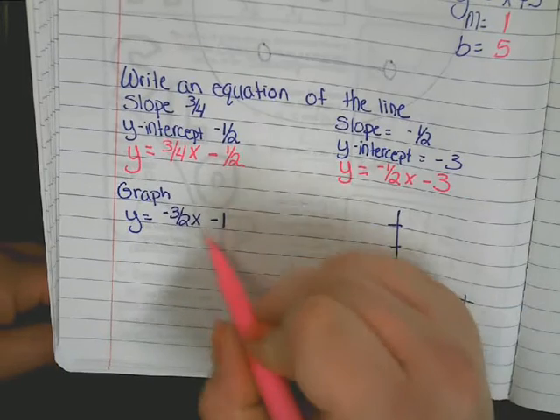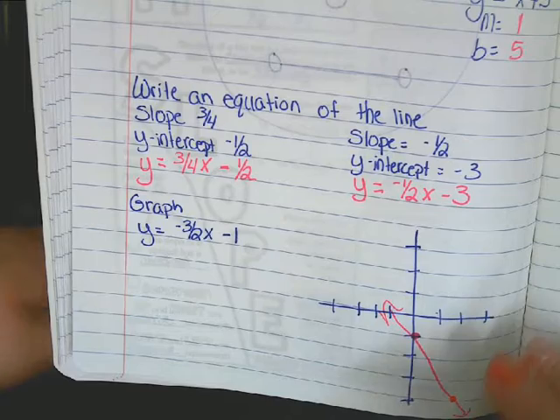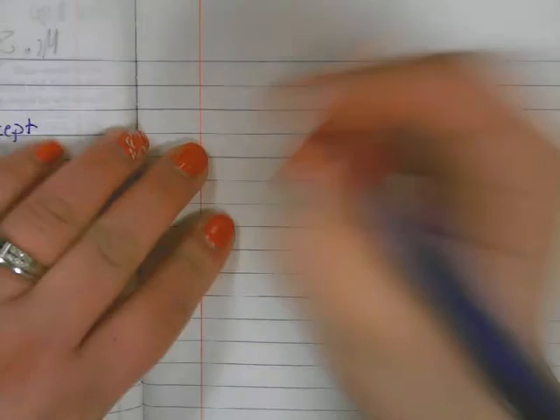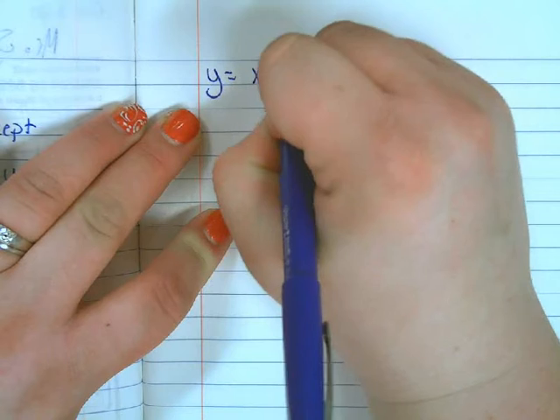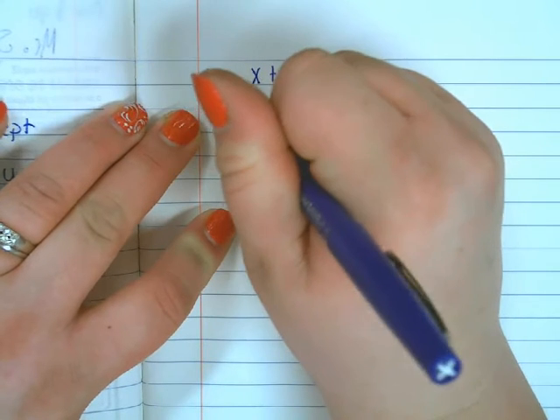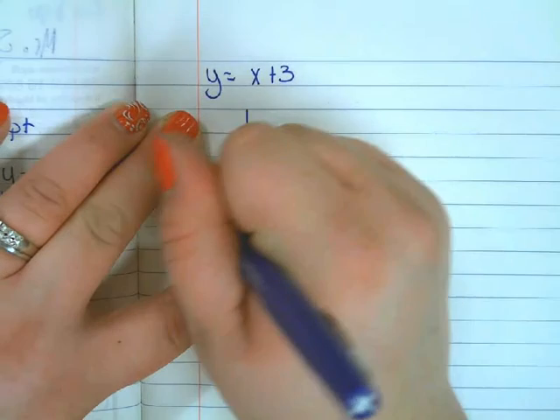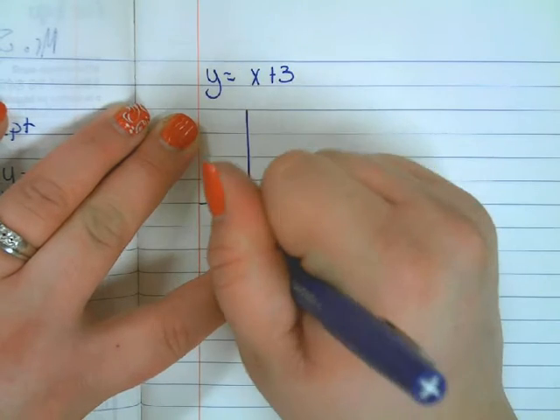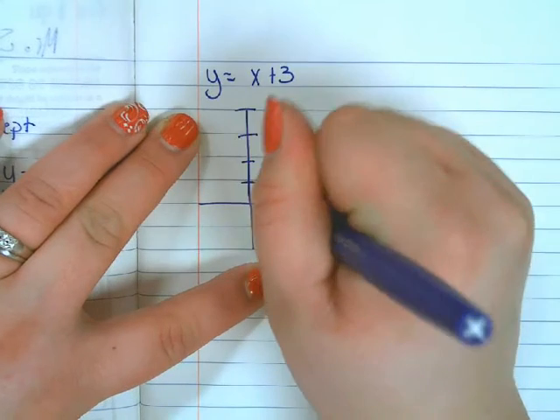To go to the next page, that's okay. Y equals x plus 3. So y equals x plus 3 is the graph we're looking at now.